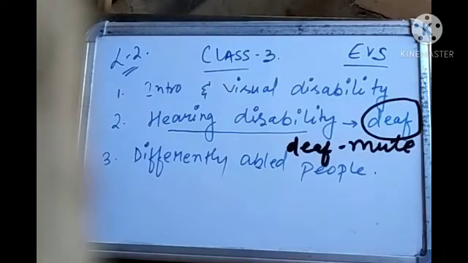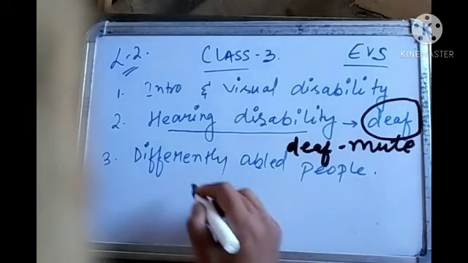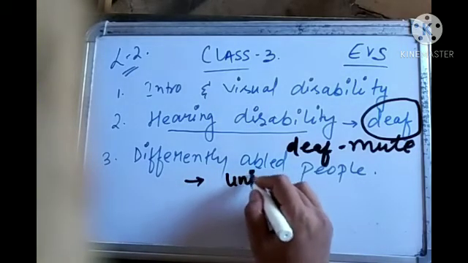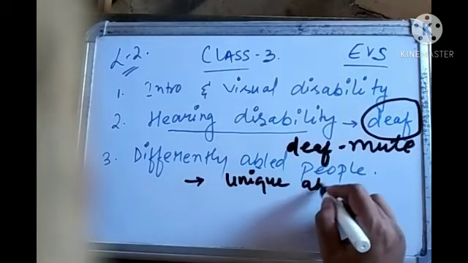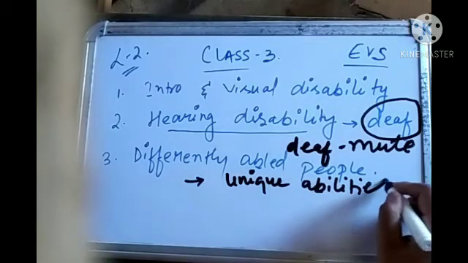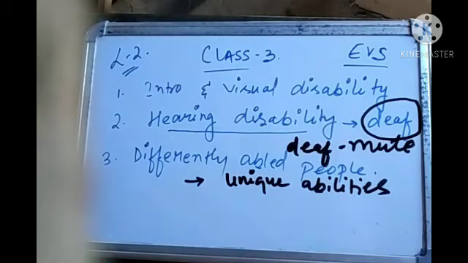They have their own unique abilities. And there are special schools also for differently able people. Nowadays, some integrated schools are also there, and they are providing education for differently able children along with the normal children.